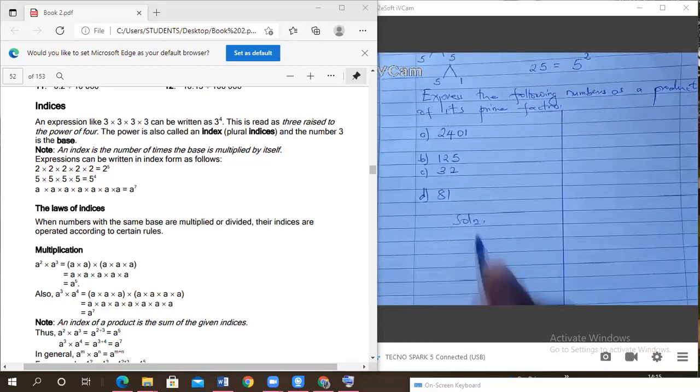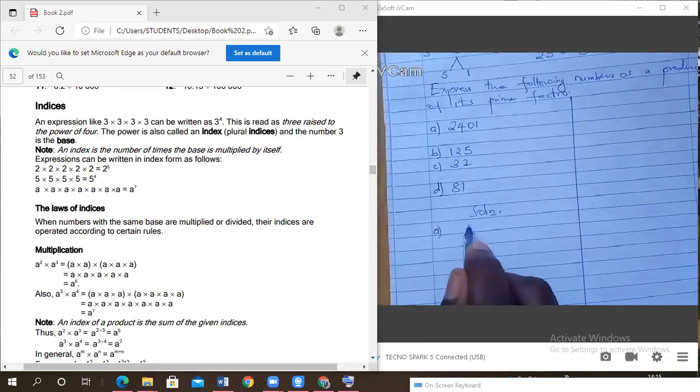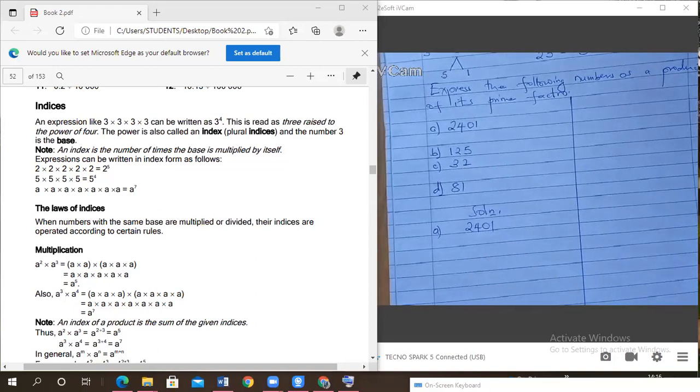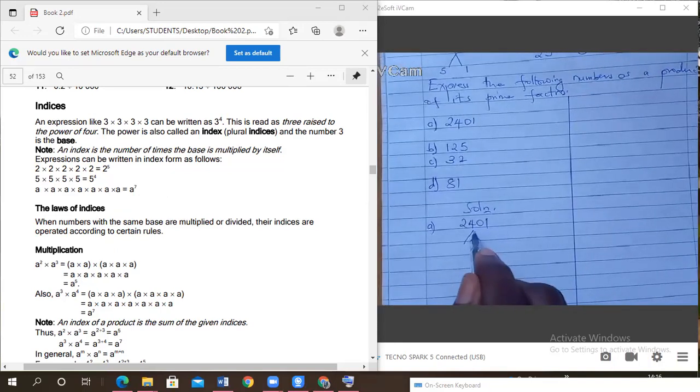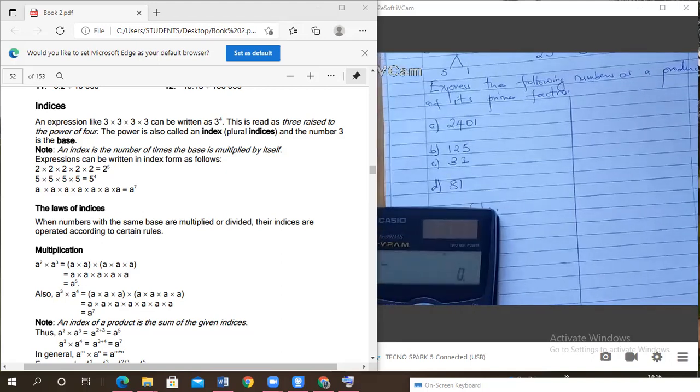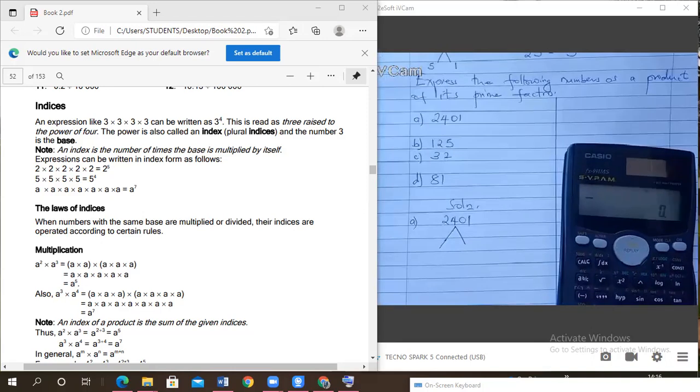Solution. So A, we have 2,401. Which method should we use? Should we use a ladder or a factor tree? A ladder. Okay. So can 2 divide that? If you are not sure, you come and you tell me. 2,401 divided by 2, you see that is leaving a remainder.